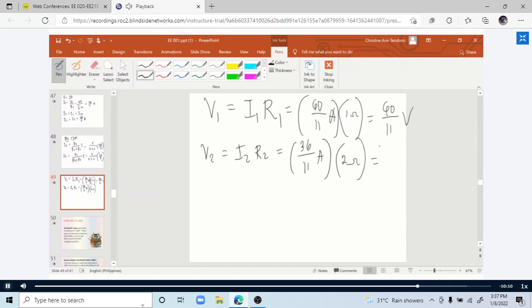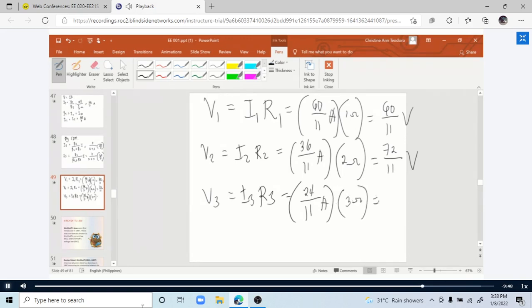Therefore, this is equal to 72 over 11 volts. Now, V3 is equal to I3 R3. So you have I3, which is 24 over 11 amperes, multiplied by R3, which is 3 ohms. This will be 72 over 11 volts as well.